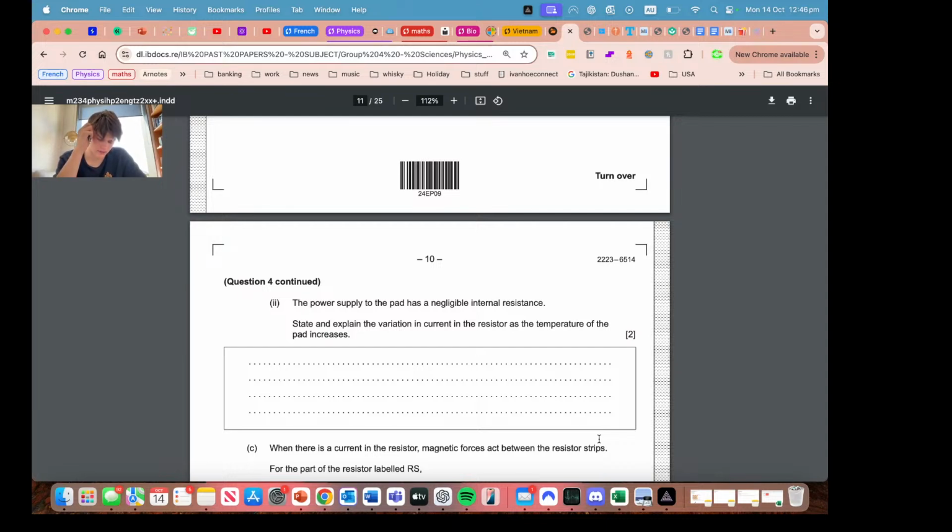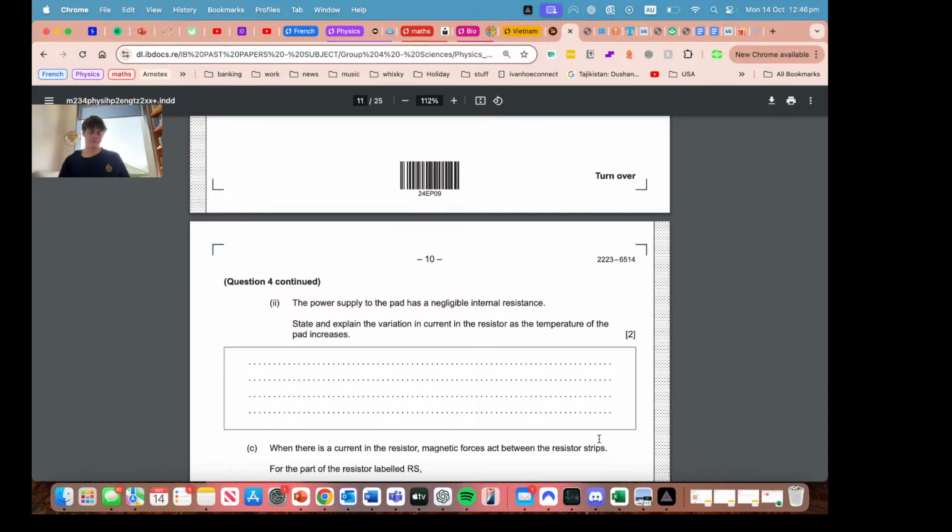The material, I mean, you could say that air has a lower specific heat capacity than the material. Honestly, can't think of anything else. Let's go to the next question.